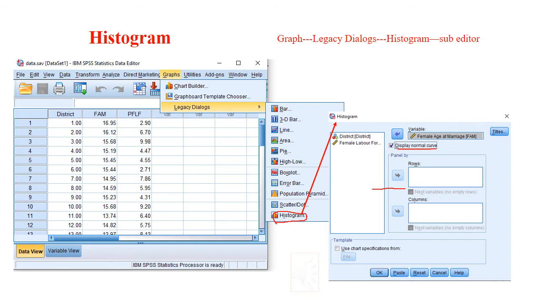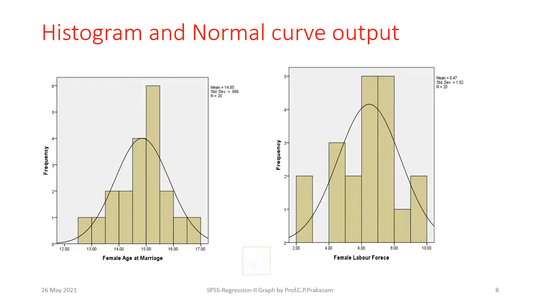Click it, bring only one variable to the right side by clicking the arrow, and down below tick the option to display the normal curve, then say OK. Here is the output for the histogram and normal curve.